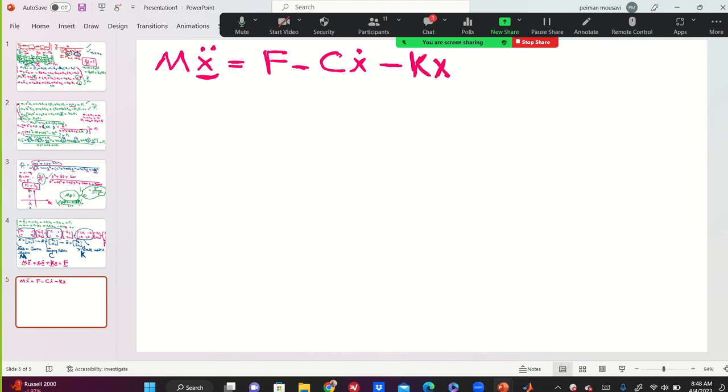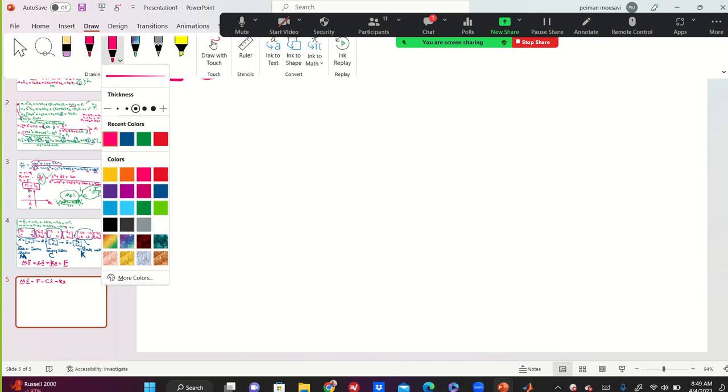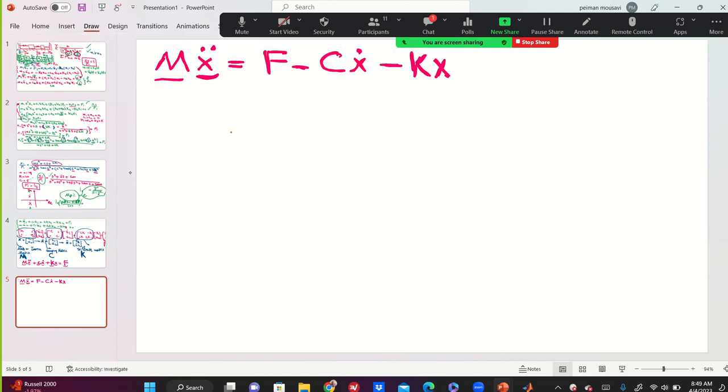How to find x double dot from here, guys? I have to divide by M, that's right? Yes? Everybody agree? I have to divide by M, right? Yes or no?